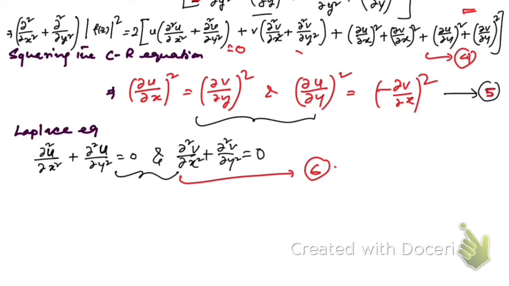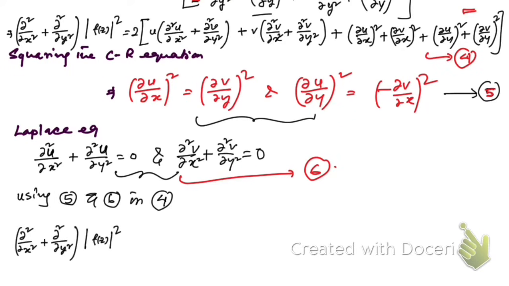So then using equations number 5 and 6 in equation number 4, what we're going to have? Let me write the left hand side. So here is the left hand side of equation number 4, right?